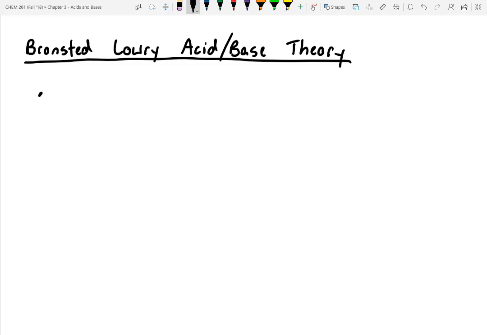Yes, and we'll get into that, especially when we switch back into Lewis theory. Lewis theory is very broad. Bronsted-Lowry acid-base theory is a subset of Lewis acid-base theory, so it's much more limited in scope because we can only look at movement of protons. Yeah. So Bronsted-Lowry said that acids donate protons and bases accept protons.